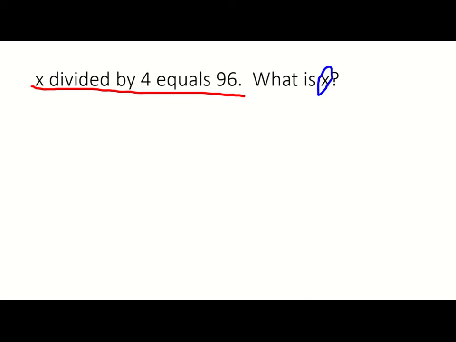So now that we know our key information, we're going to set up our problem. x divided by 4. Well, when I think divided by, I always think of a fraction. And it's usually best to set up division problems like a fraction because it's easier to solve the equations. So I'm going to put x divided by 4 in a fraction, and I want to set that equal to 96.